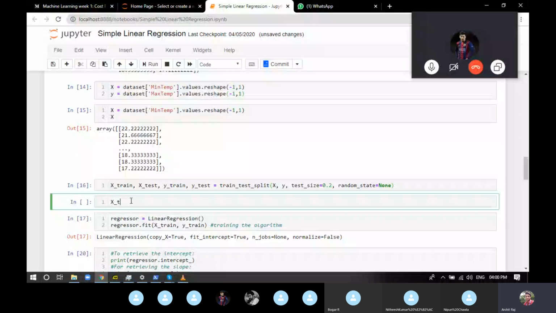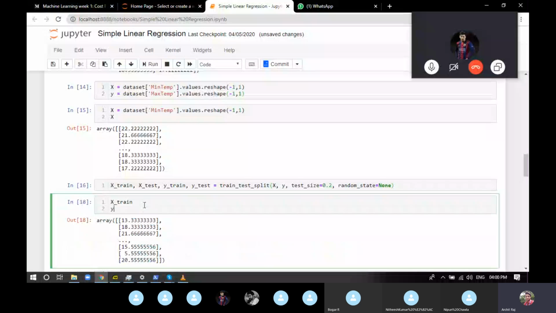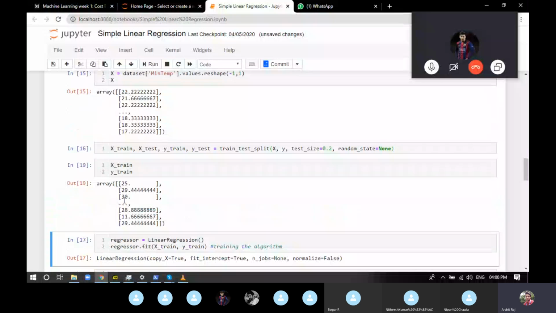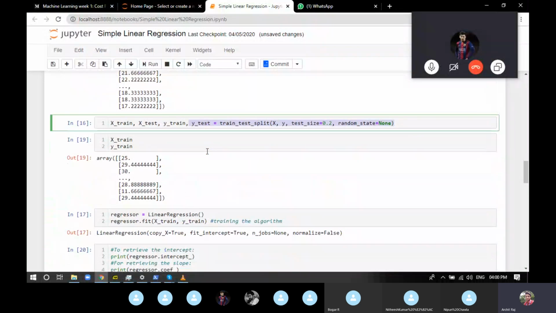You can see all the values of x, and corresponding to those you have the values of y. And it's the similar thing for x test. For all the testing values of x, you'll have the answer of y in y test.